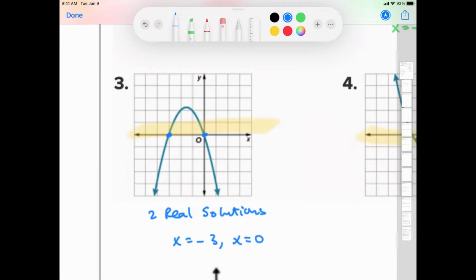Just a quick note about these x-intercepts. If you have an ordered pair, so that's the origin 0, 0, and this one would be x equals -3, that ordered pair would be -3, 0, right? x, y. I want to point out there that an x-intercept will have a y-coordinate of 0, always.